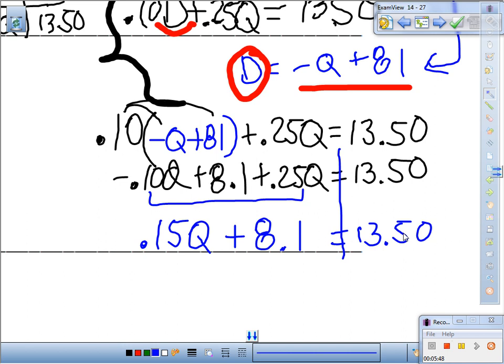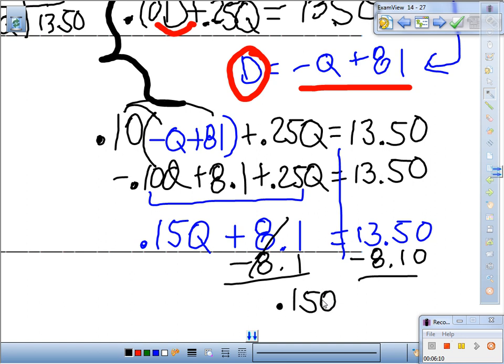Everybody's doing this one, right? Very good. From there, what do I do, everyone? Minus 8.1 minus 8.1. I'm going to put a 0 so it can be 8.10. There it is. So we're left with 0.15Q equals 5.40.